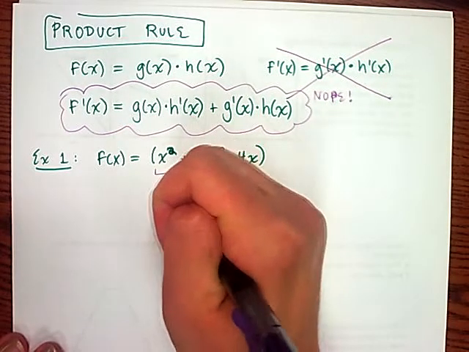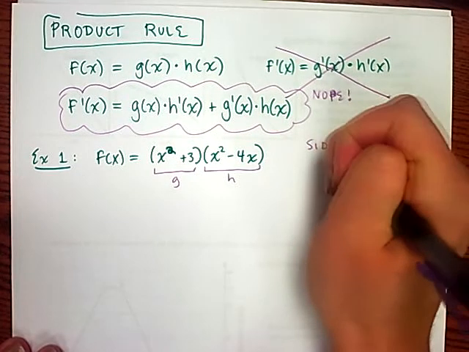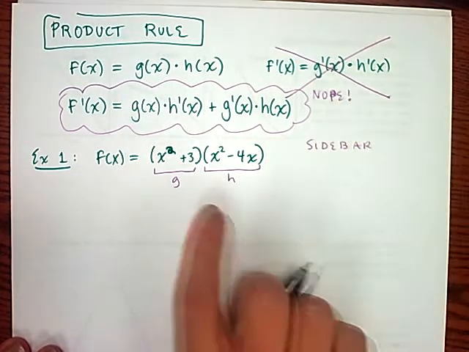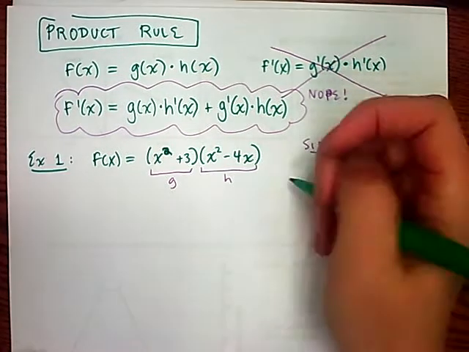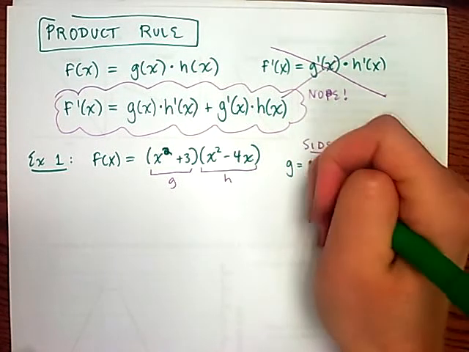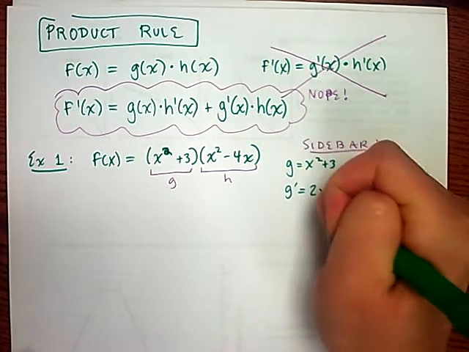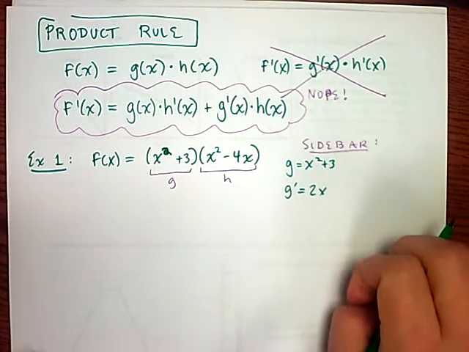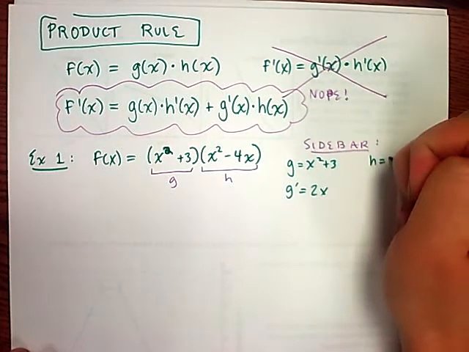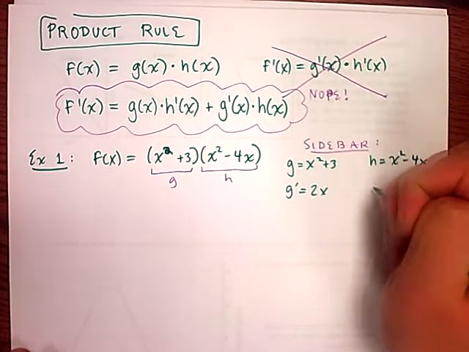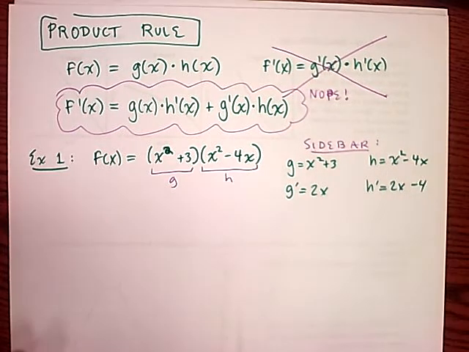Let's say this is g and this is h. I'm going to do a little sidebar to see what is the derivative of each of these things. Well, g is x squared plus 3, so g prime is 2x, and the derivative of 3 is 0, so it's just 2x. And then h is x squared minus 4x, so h prime is 2x minus 4.